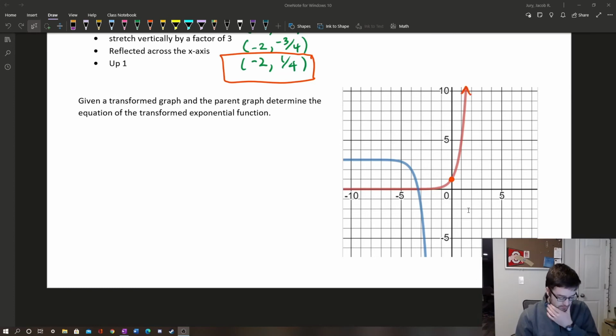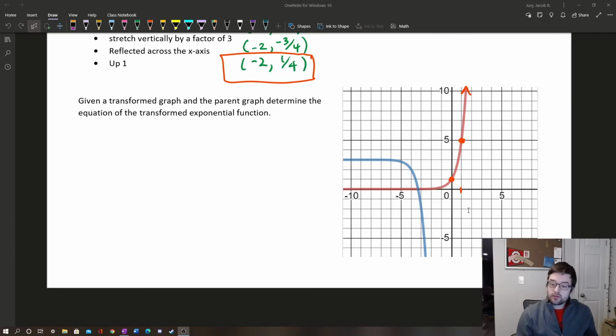So we need to determine the equation of this, and some of the easiest way is to find out where this point at 0, 1 is going, where's the horizontal asymptote on the new equation, and not only that, but what's happening at 1 on the parent function. So here's 1. What y value are we going through? We're going through 5.